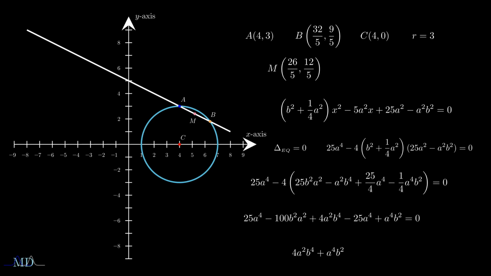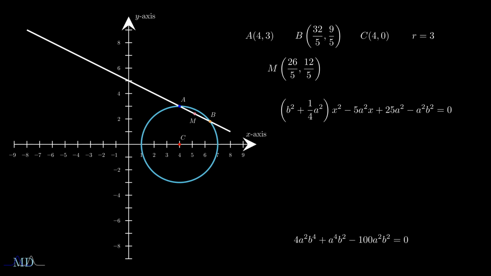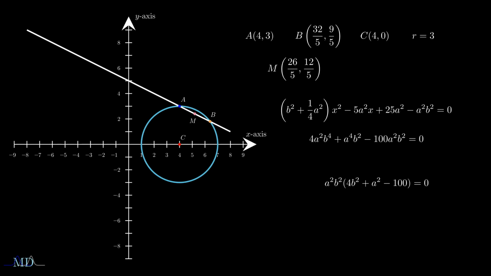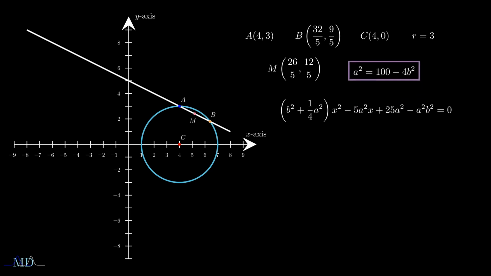We get 4a²b⁴ + a⁴b² − 100a²b² = 0. We factor out a²b², and it is multiplied by 4b² + a² − 100. So 4b² + a² = 100. Therefore a² = 100 − 4b².